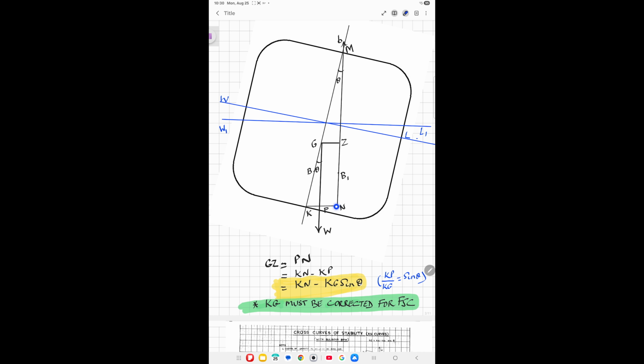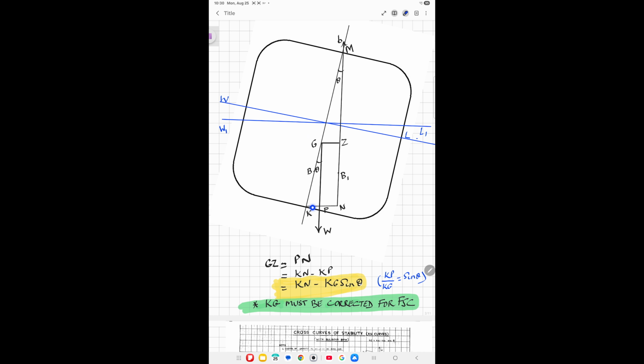So this is the KN value, which has been tabulated by the shipyard at various angles of heel, theta. Very simple explanation is here. Now I draw my ship's weight acting vertically downward from the center of gravity.